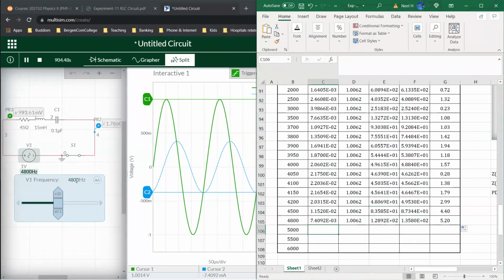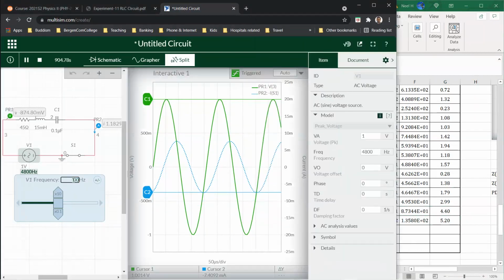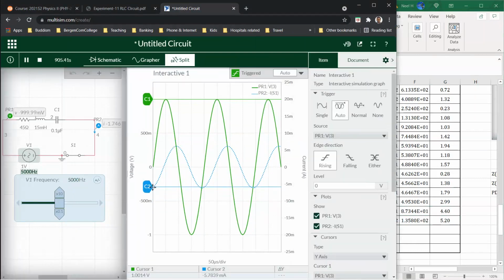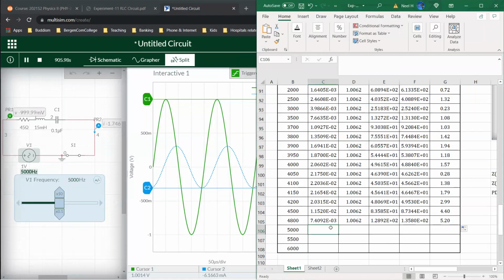Good. 5000. 0.006163. The error is a little bit higher in that range. Now it's getting fine, I think.